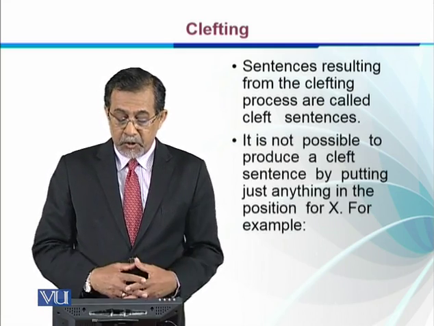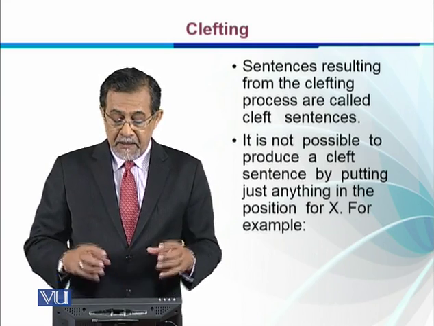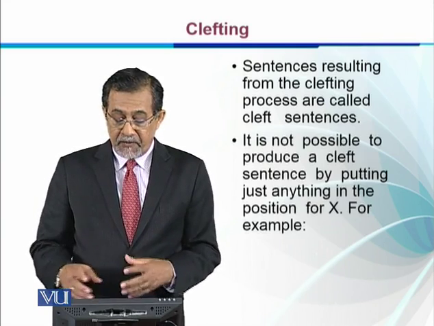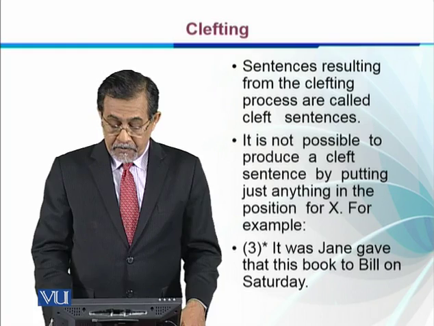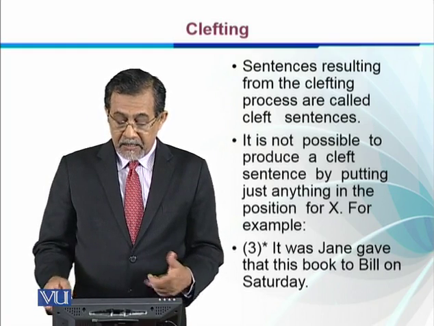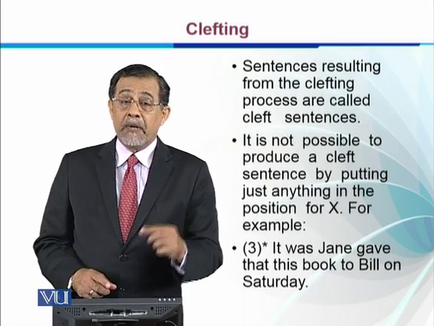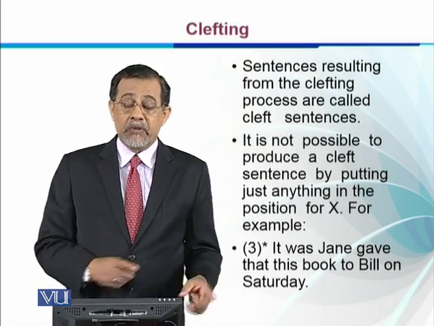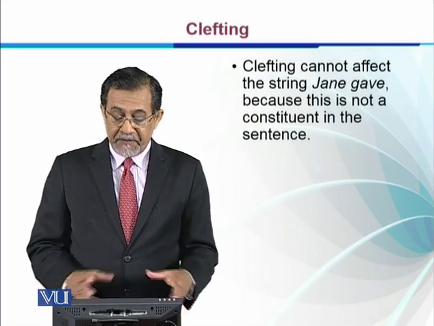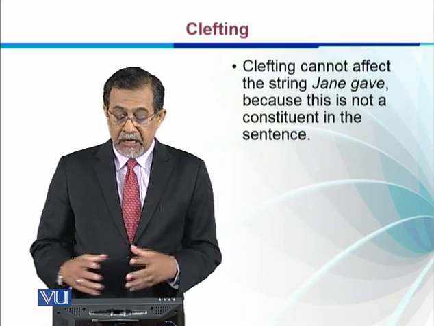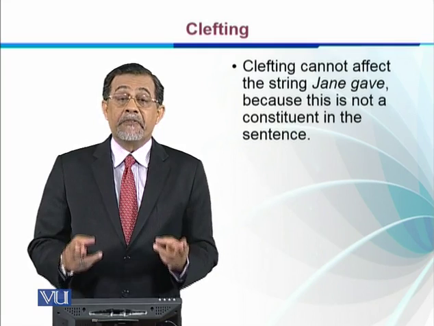It is not possible to produce a cleft sentence by putting just anything in the position for X. For example, "it was Jane gave this book to Bill" would be incorrect. We have to determine what X is and then bring it to the initial position. Clefting cannot affect the string Jane gave because these are two different constituents.